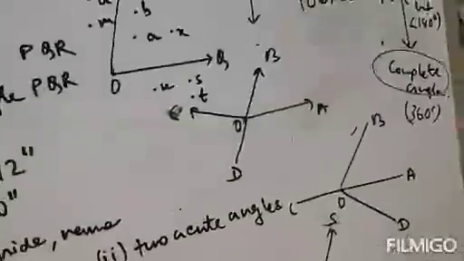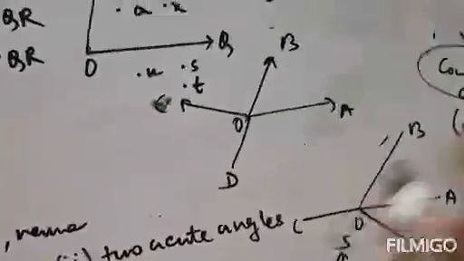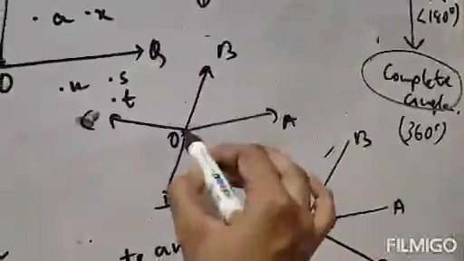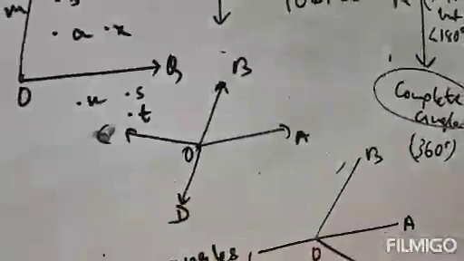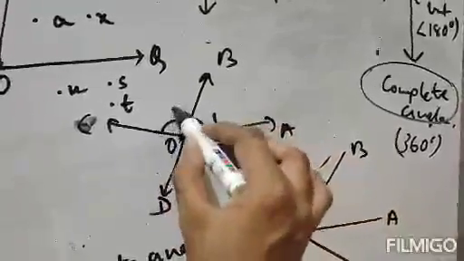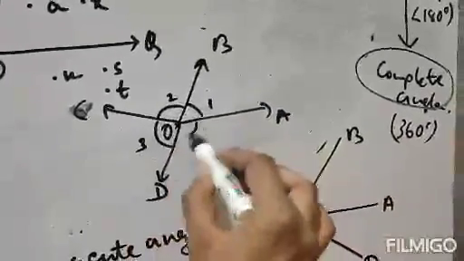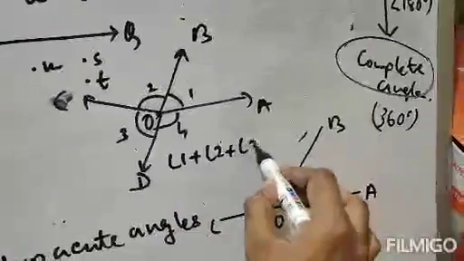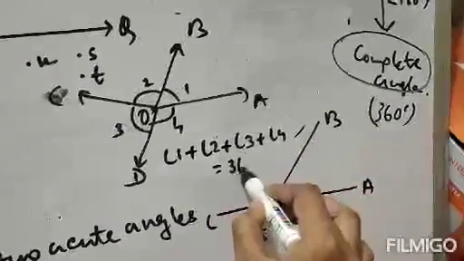Clear? Now the sum of angles around a fixed point is also 360 degrees. Here the fixed point is O. Suppose this is angle 1, this is angle 2, this is angle 3, this is angle 4. So angle 1 plus angle 2 plus angle 3 plus angle 4 will be equal to 360 degrees.